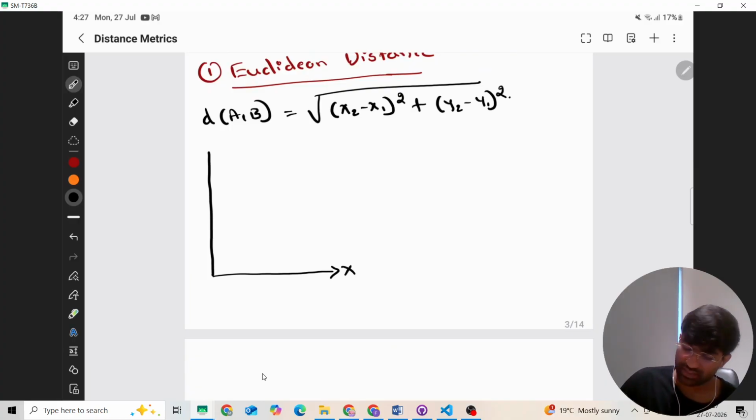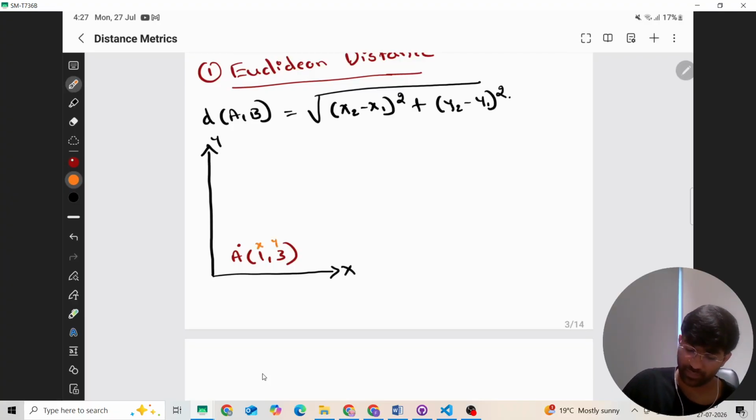This is my x, this is my y. This is my point A, suppose at the point 1 comma 3. X is 1 and y is 3.